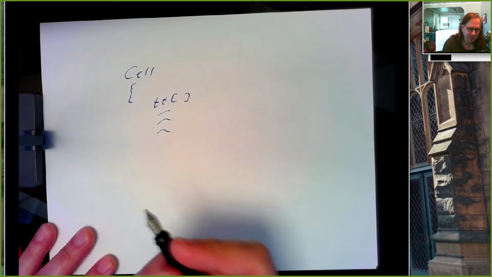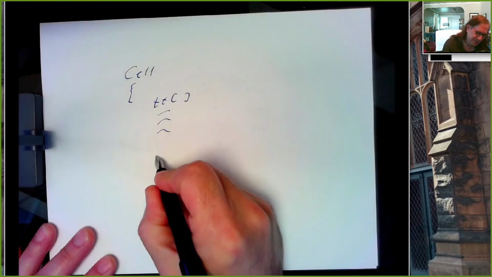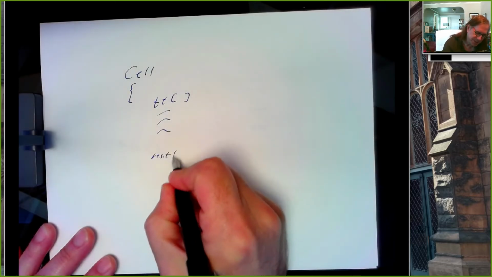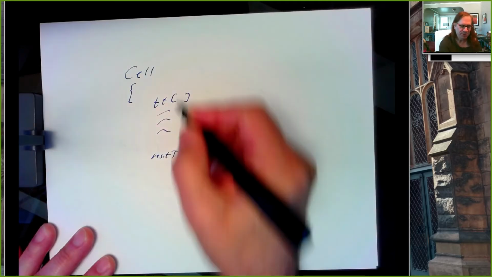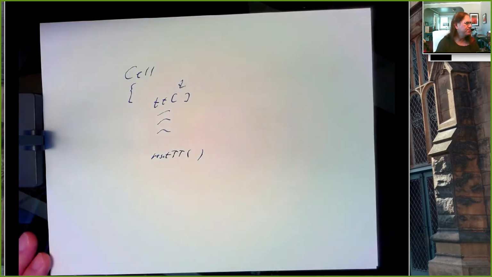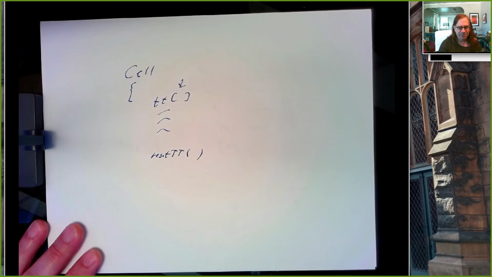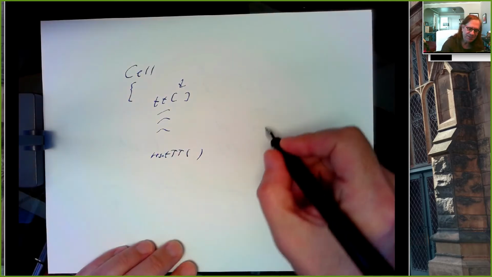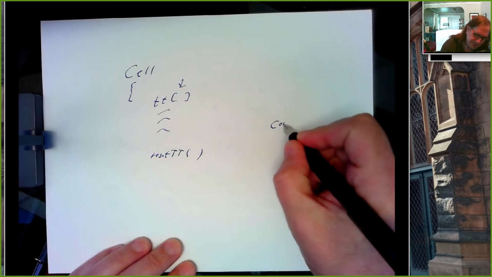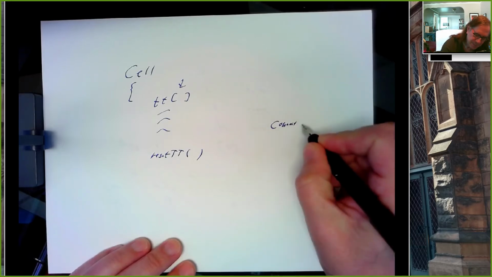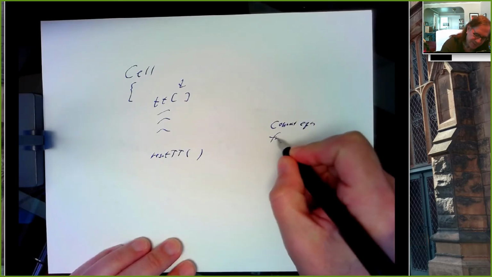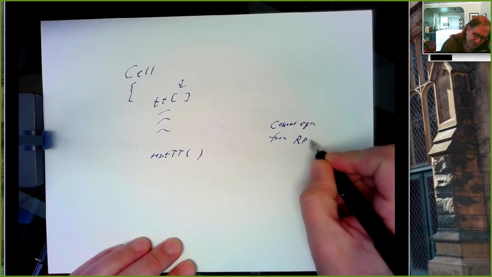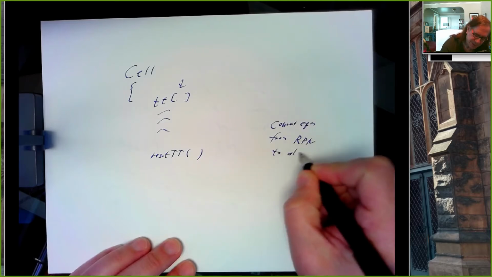So I'd have some methods like reset truth table, which would clear out all my Booleans and make them false, things like that. But it turned out there were other things I wanted to do with a cell, such as take an equation and convert an equation from reverse Polish notation to algebraic.